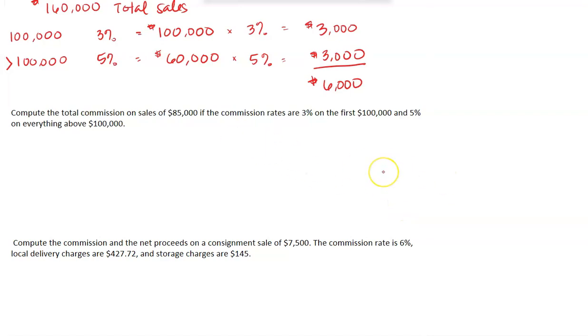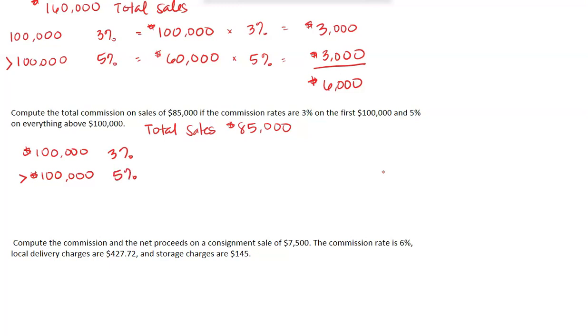Okay, and let's see this example. So there's total sales of $85,000. Okay, the first $100,000, they earn a 3% commission rate, and anything over $100,000 is 5%.